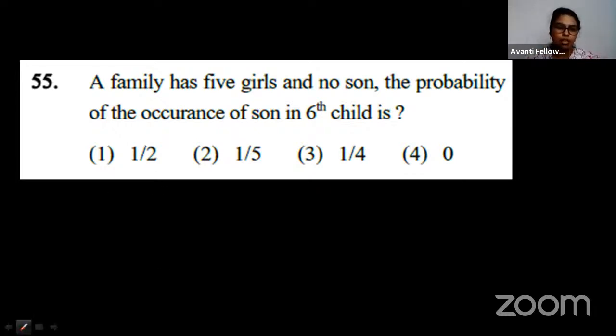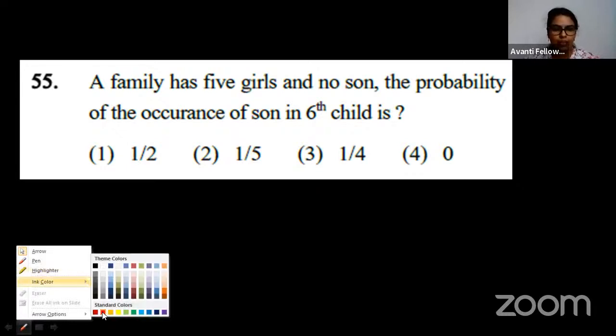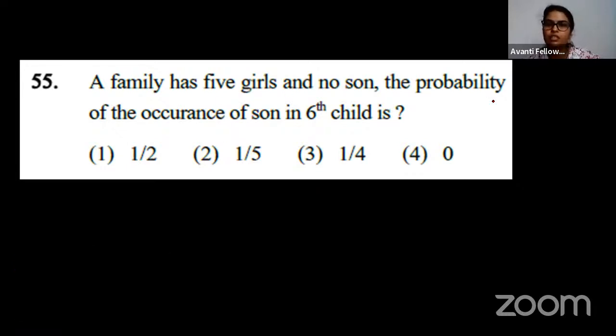Okay, so here in this question, what they say is that a family has 5 girls and no son. The probability of the occurrence of son in 6th child is. So for this, what we have to do? See, there is a family, a family of mother and father. So these people have how many children?